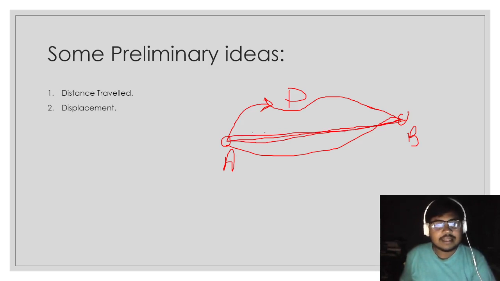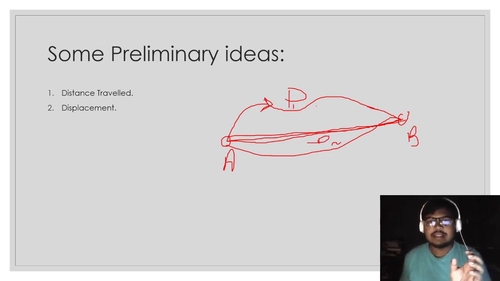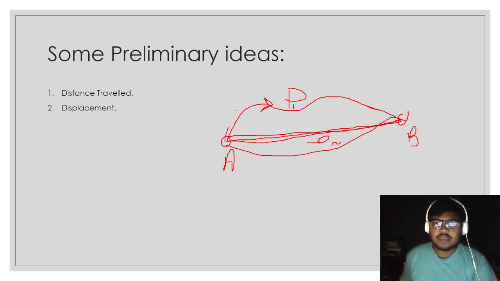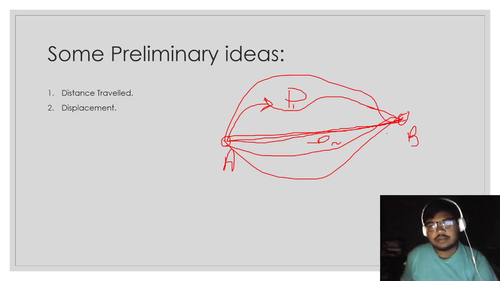But if we talk about the displacement, that is the smallest distance between A and B, that is the straight line. So this is called its displacement. P1 is another way, which we call a distance traveled. Distance traveled for only 2 points can be anything. We can go with this path or this route.